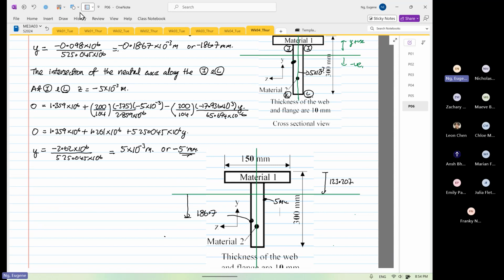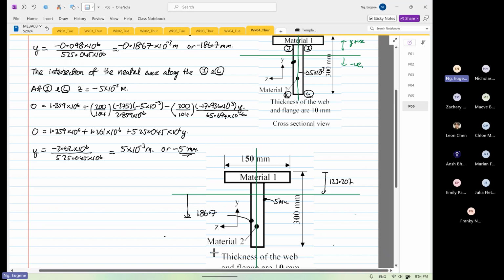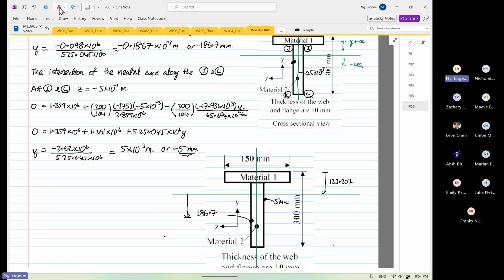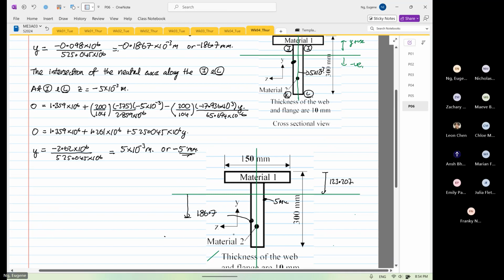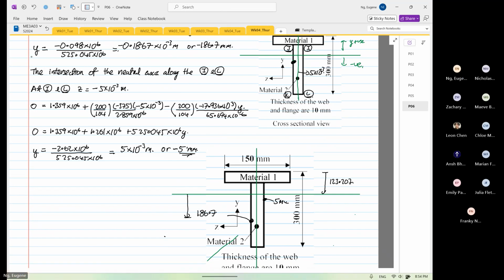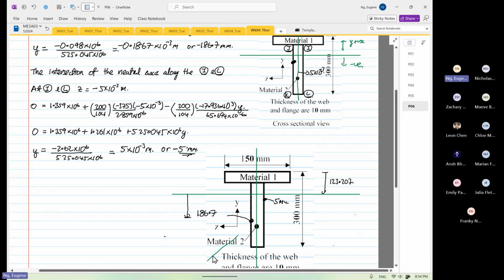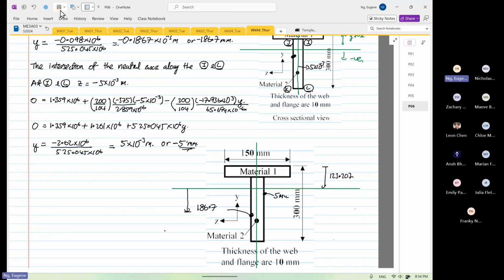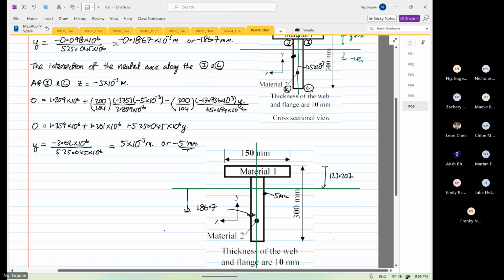So the orientation of the neutral axis, again just a sketch, I will draw the green line. So it will look like this. This is the orientation of the neutral axis.